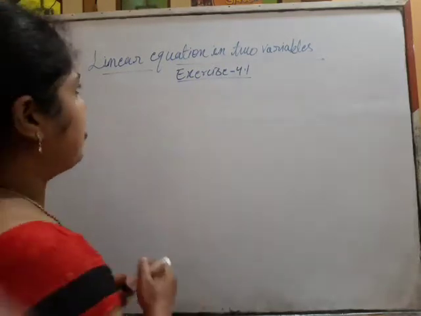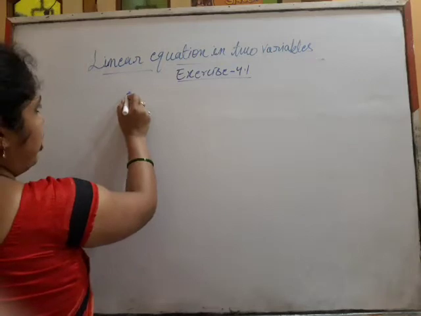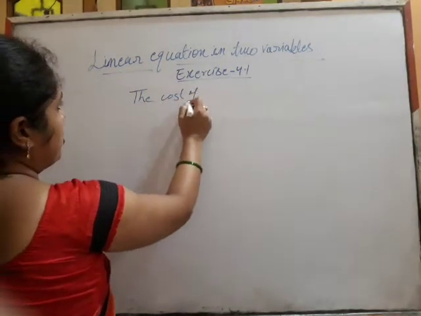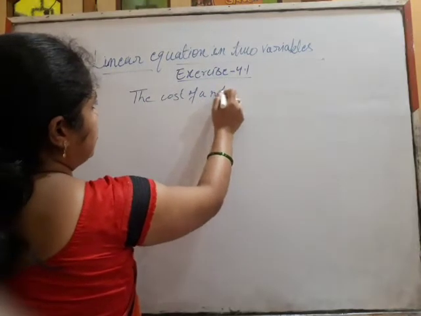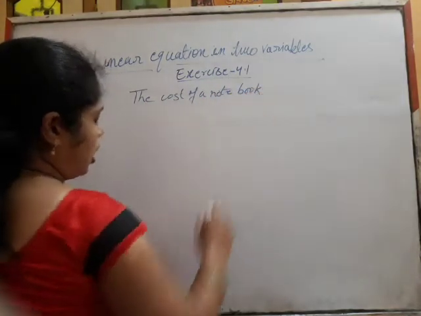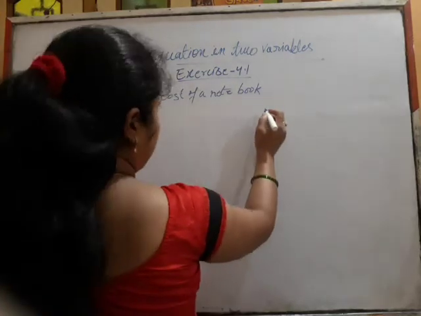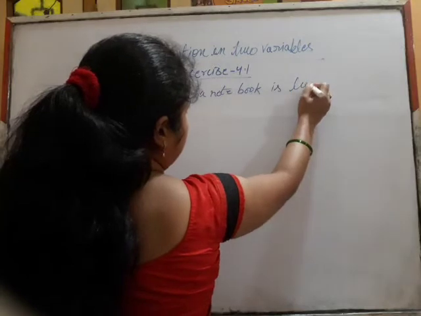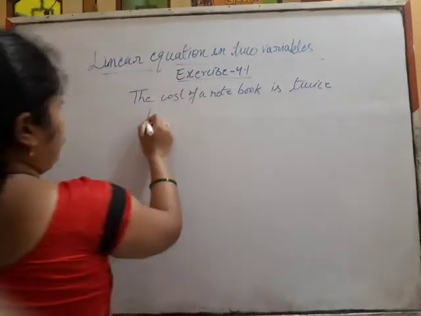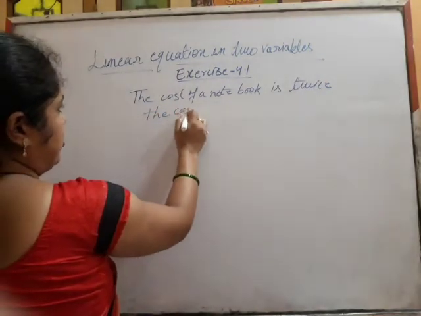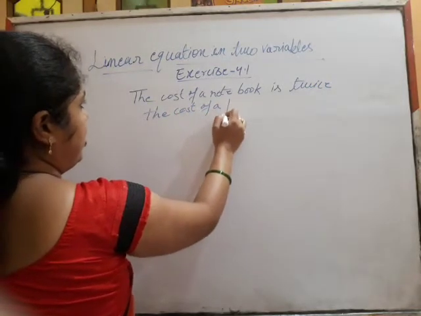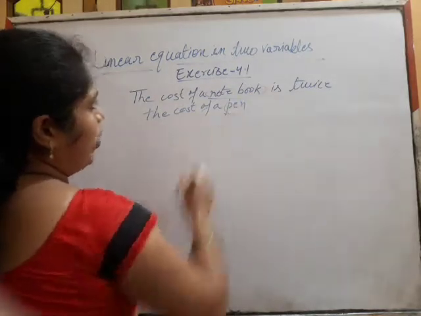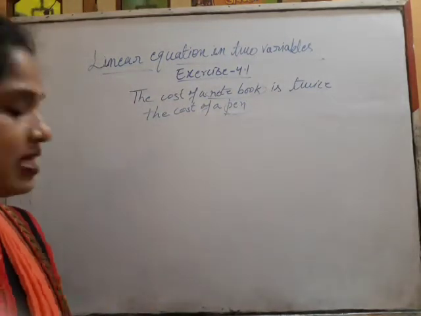Let us write this statement: the cost of a notebook is twice the cost of a pen. So how many things are here? Two. One is notebook and the other one is pen.